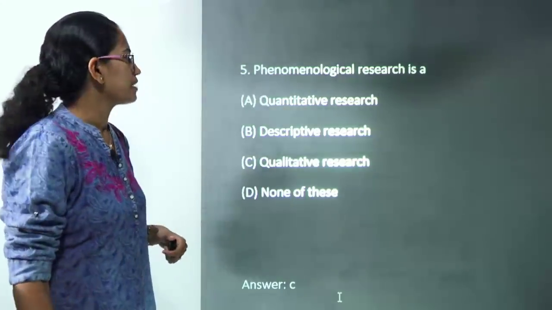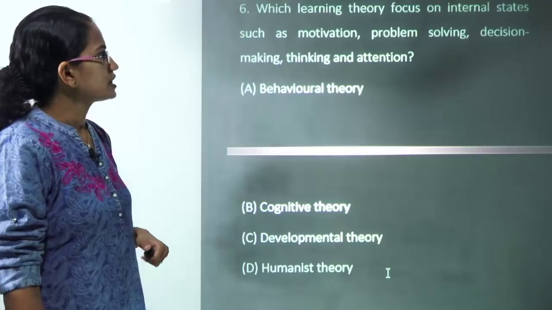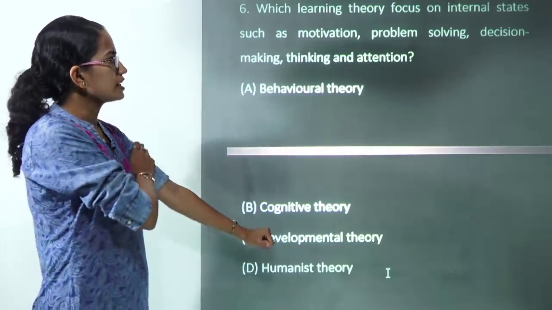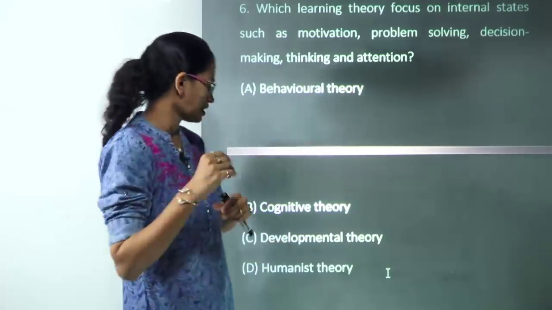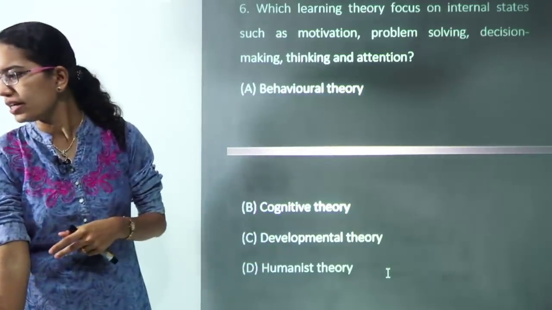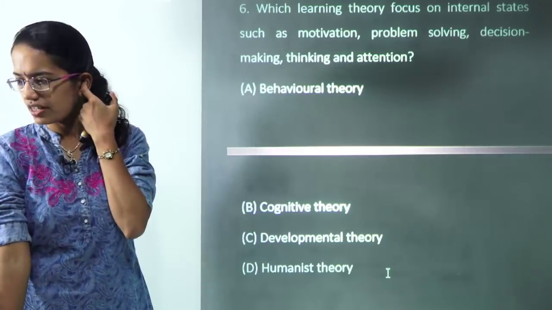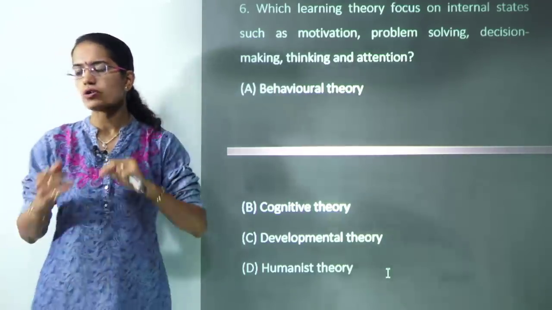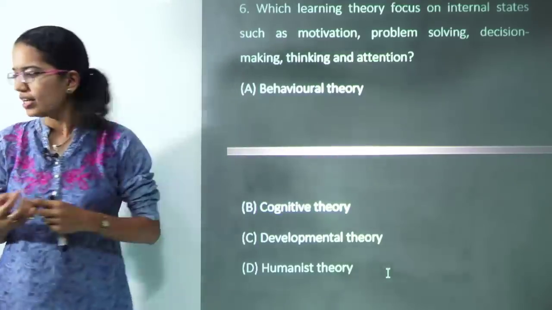Correct, Ritu. Okay, so coming on to the next question here. Which learning theory focuses on the internal states such as motivation, problem solving, decision making, thinking and attention? Now what do you think would be the correct answer here? Again a tricky question. Read the question very carefully. It talks about problem solving, decision making. So I am emphasizing certain words here.